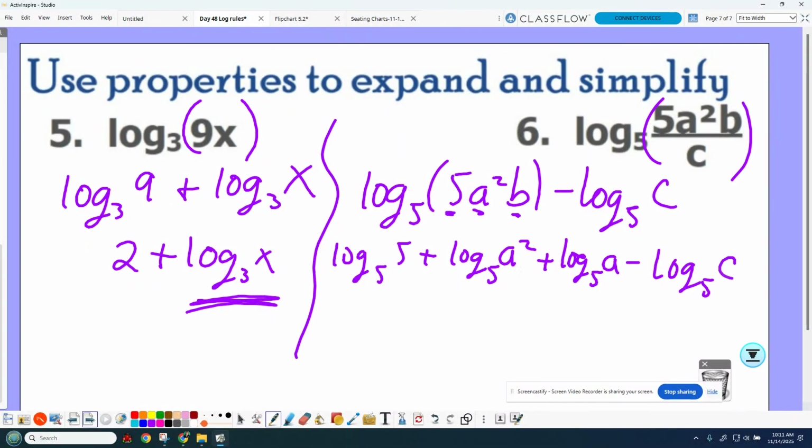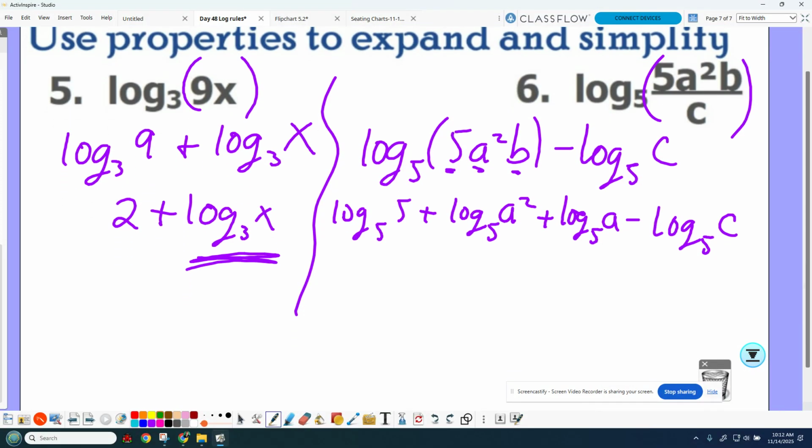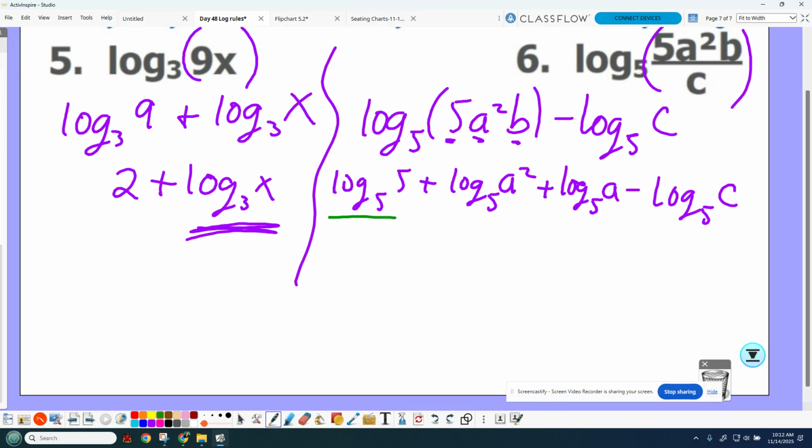Oh my goodness. And you guys do not like the writing of all of these things. I apologize. And there's still 2 more things to do. Can I do anything with that? Log base 5 of 5. Gideon says yes. Dylan, what is it? Log base 5 of 5. Uh-huh. 1. 5 to what power is 5 to the first? 1. Okay.